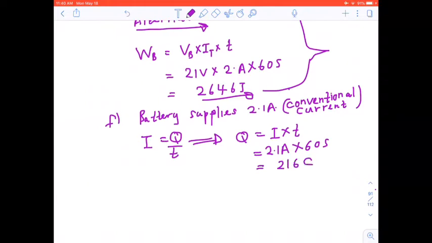And since we're saying that the positive charges are moving, let's say positive 126 coulombs.